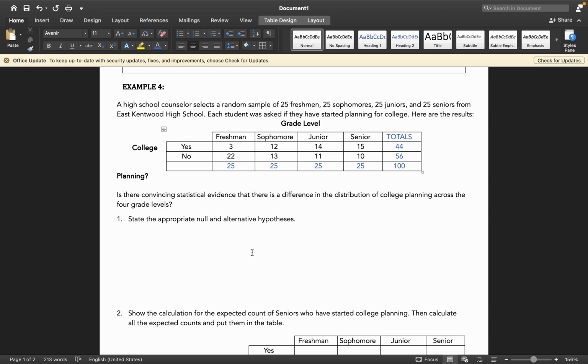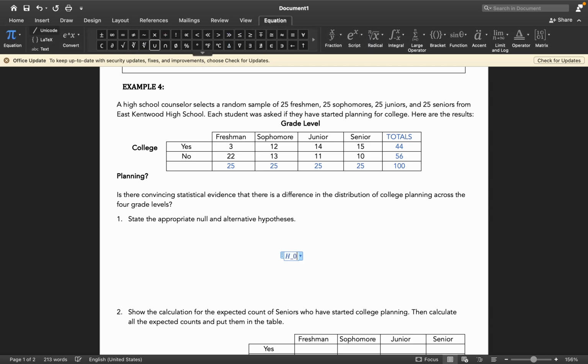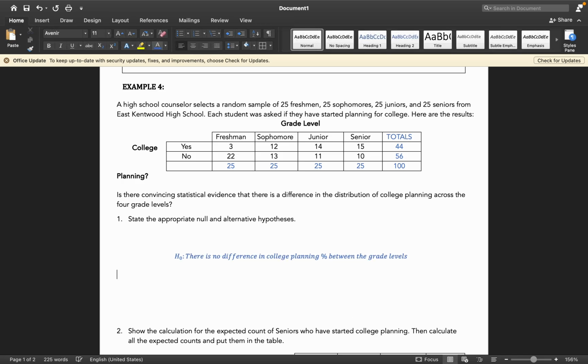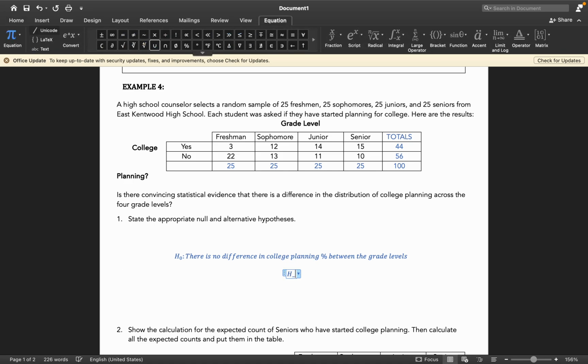So our null hypothesis is that there is no difference in college planning percent between the grade levels. And then, of course, the alternative is that there is a difference in the percent of students college planning between the grade levels.